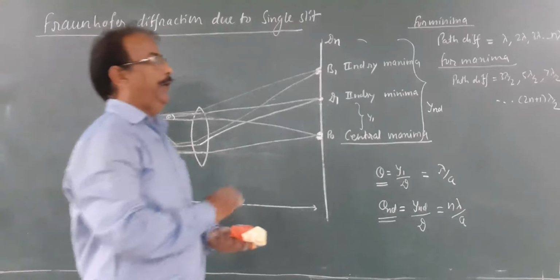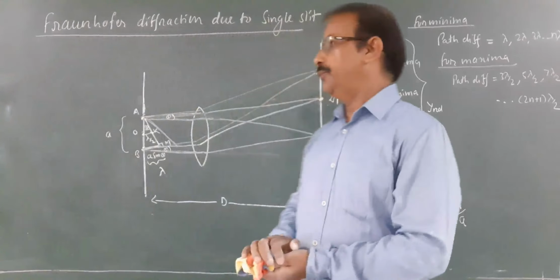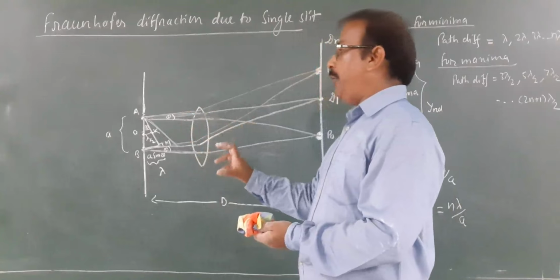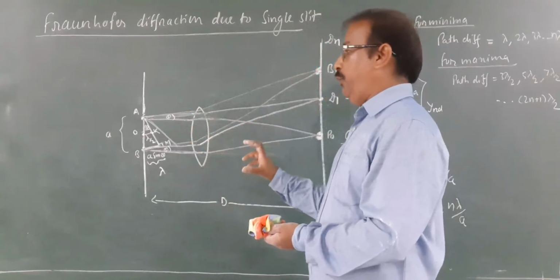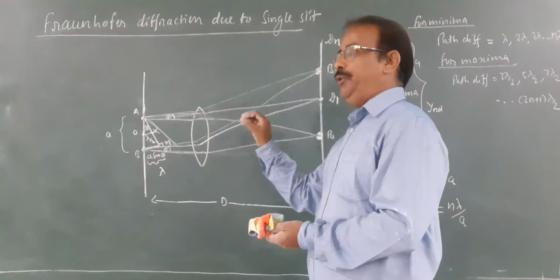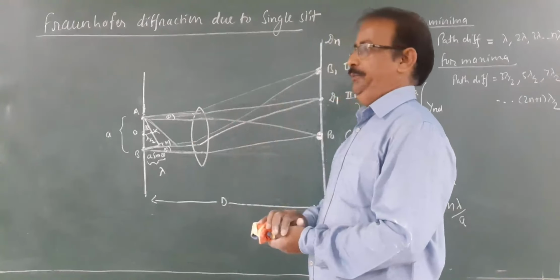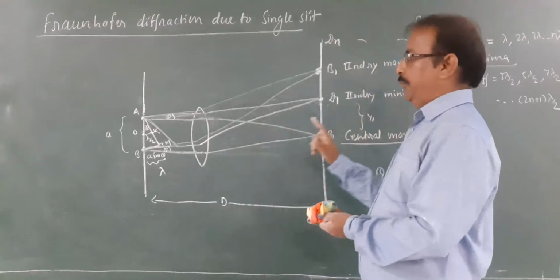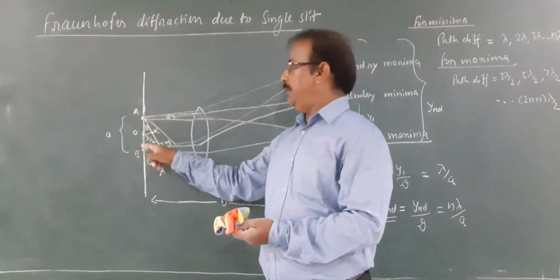Divide this slit now into 3 equal parts, each of length lambda by 2. For secondary minima, we divided this into 2 parts.